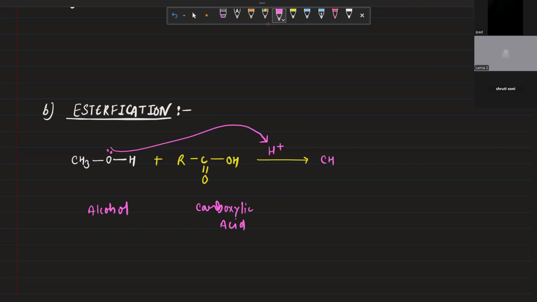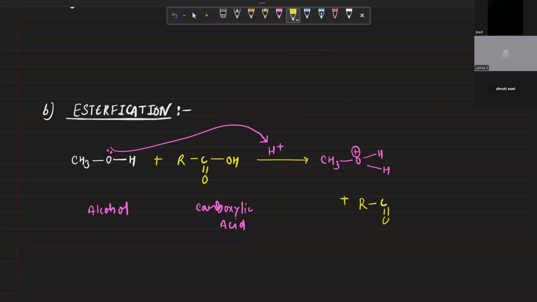After that, it converts into CH3O with two hydrogens, and this oxygen gets a positive charge, just because of an extra bond. Then this reacts with the carboxylic acid.